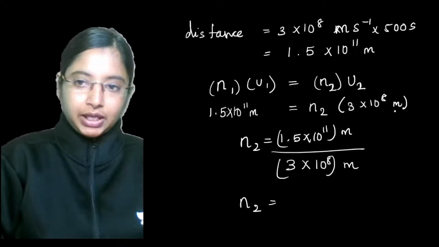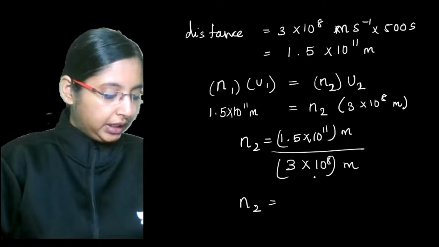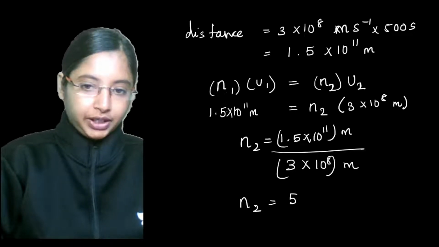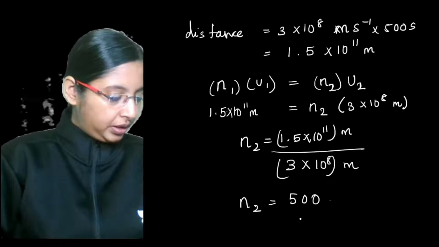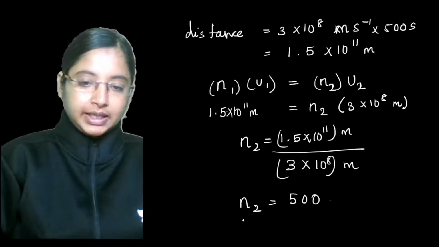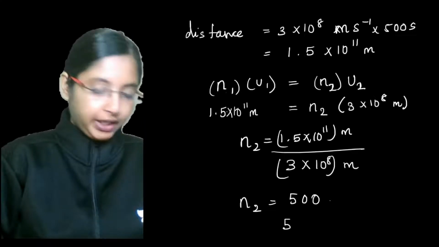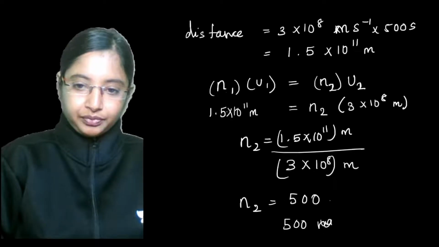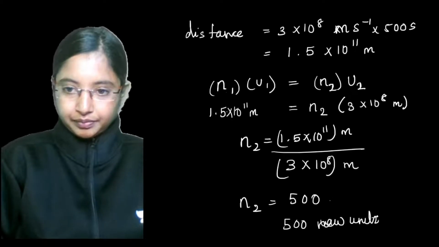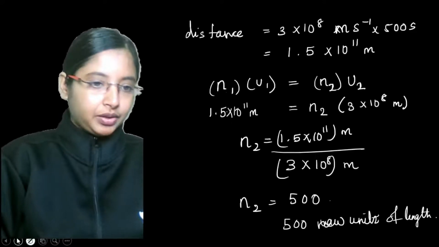Here, if you cancel this, you will get 500. So the distance between the Sun and Earth in the new unit is 500 new units of length.